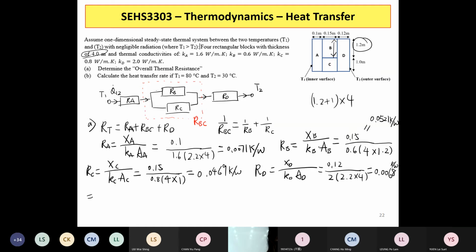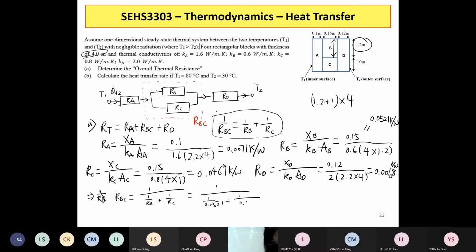So we need to calculate RBC by using this equation. That is RBC equals 1 over, right? So that should be... okay. Please calculate this number.